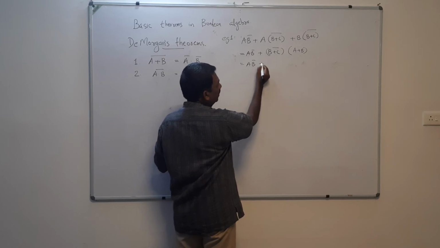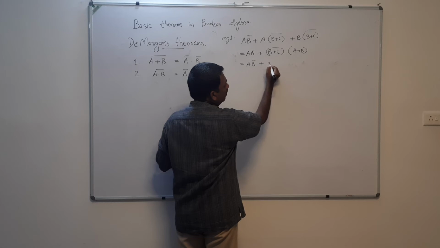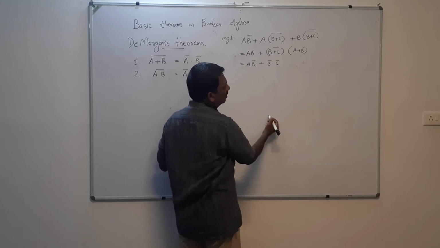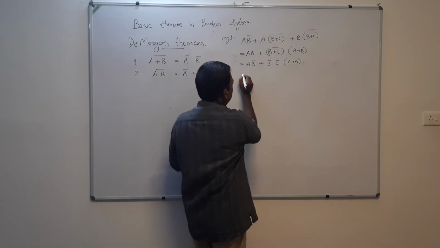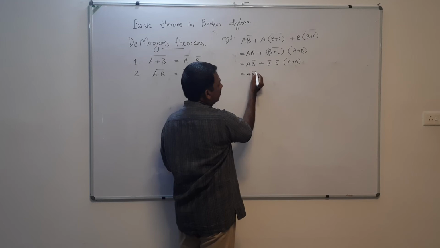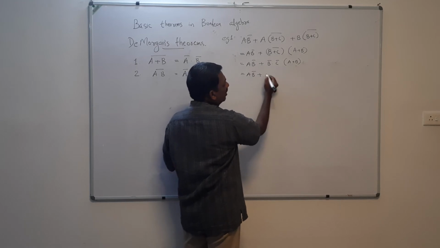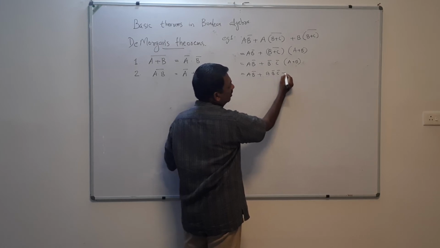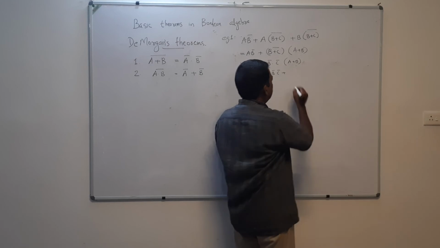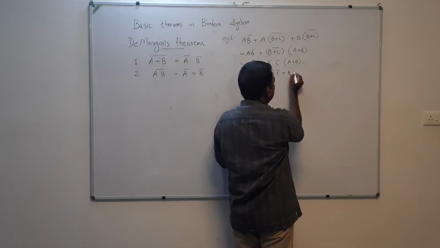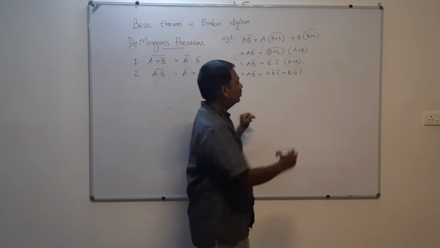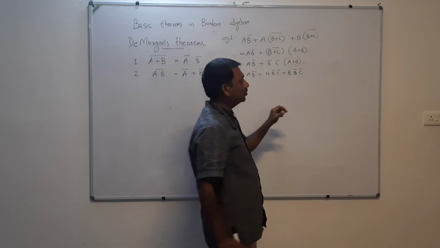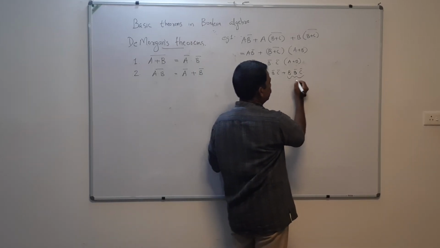AB bar plus B plus C the whole bar is equal to B bar dot C bar into A plus B. Okay, this is equal to AB bar plus B bar C bar A, plus B bar C bar B. See, B dot B bar is equal to 0. That means this is reduced to 0.